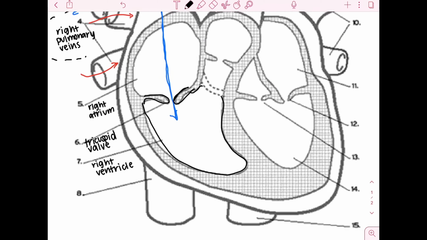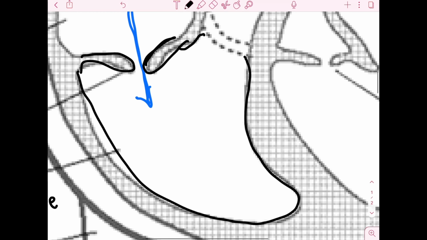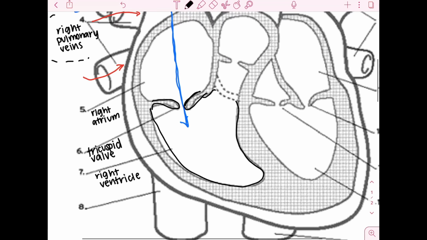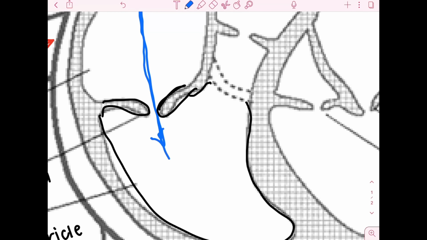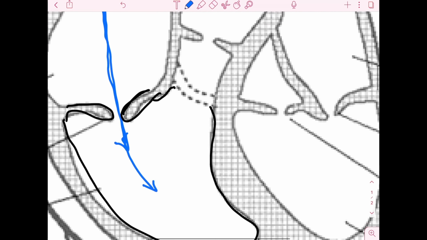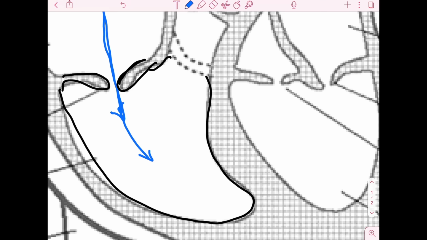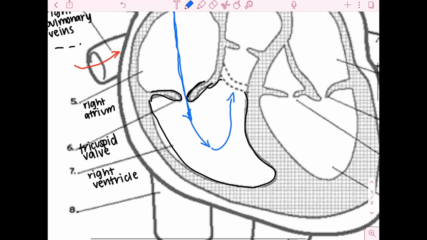So basically, this is the second chamber of the heart that we're going to be looking at. And remember that we still have our deoxygenated blood flowing in from here. And then it's going to make a loop around when we go up here.